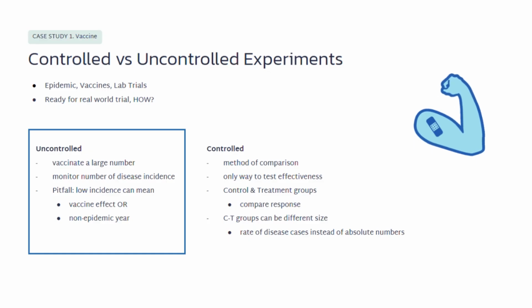However, for an epidemic disease like polio, the incidents vary year to year, and a low incidence of the disease could mean two things. Either the vaccine was effective, or it could be that we are in a non-epidemic year, so you couldn't say that the vaccine was effective.